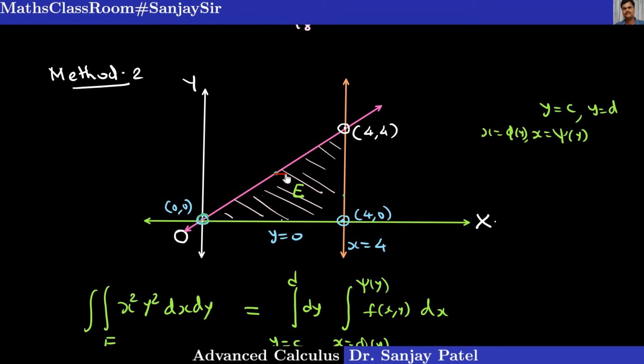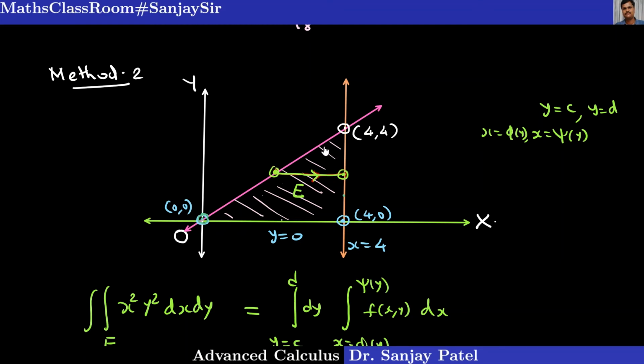So consider a strip like this, and always check the left hand curve and the right hand curve of this strip. Say take an arbitrary strip parallel to the x-axis, that is a horizontal strip, and for all positions of this strip, check that the left hand curve and the right hand curve remain the same.